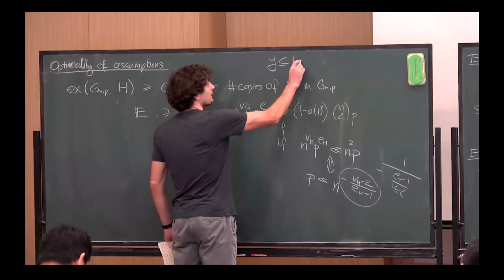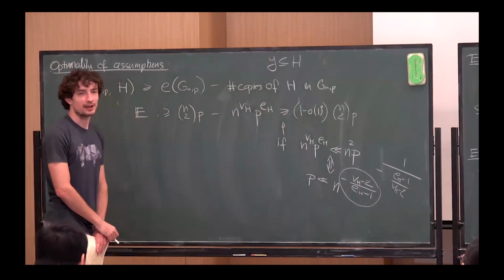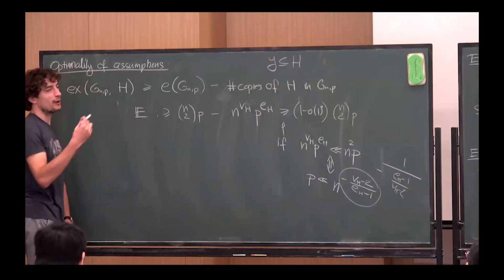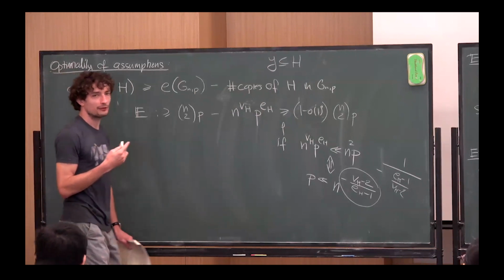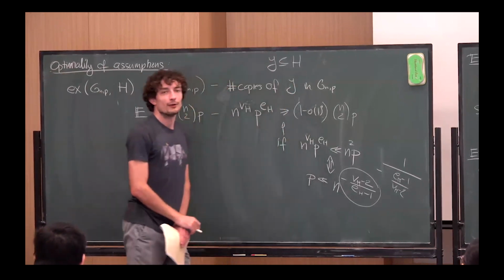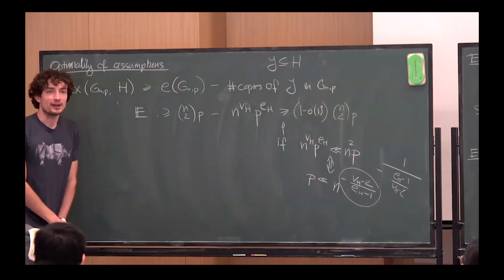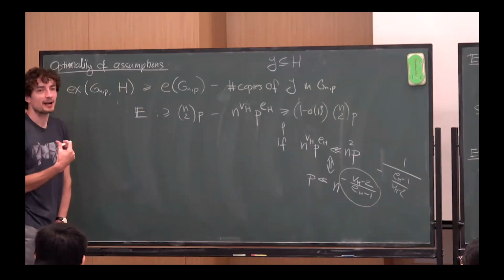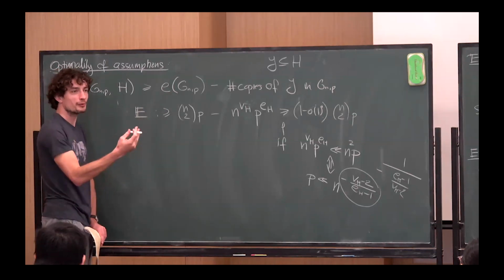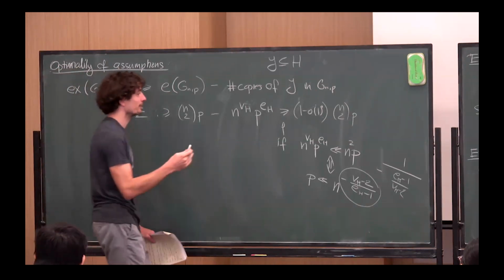Let's fix some subgraph J of H. Instead of removing one edge from every copy of H, I could remove one edge from every copy of J. Well, since J is a subgraph of H, if I removed all the copies of J, I would also remove all the copies of H.